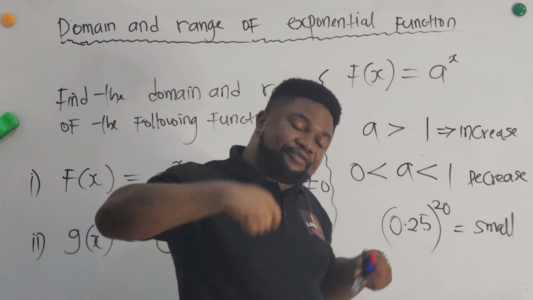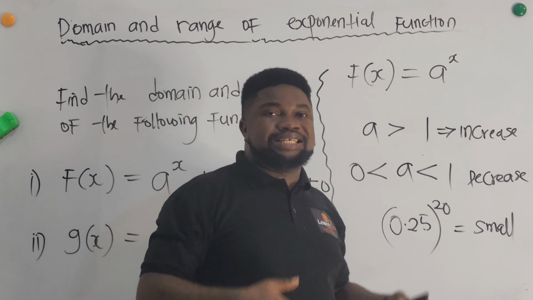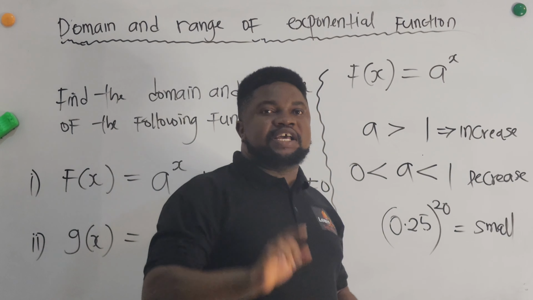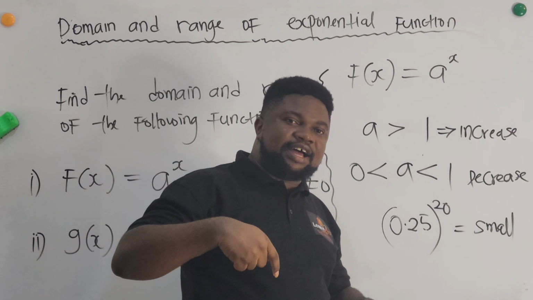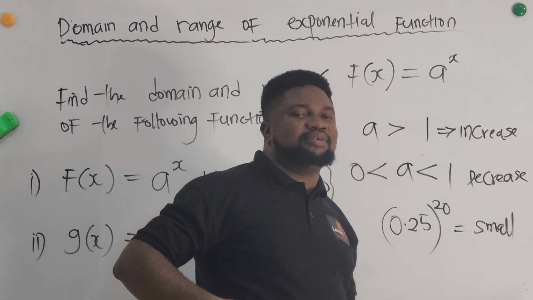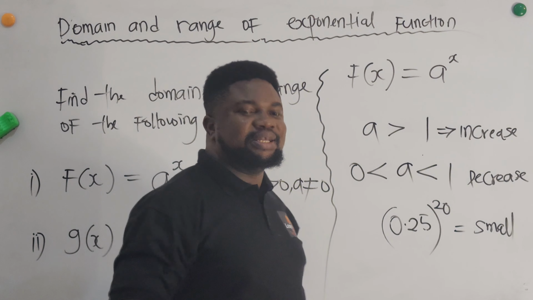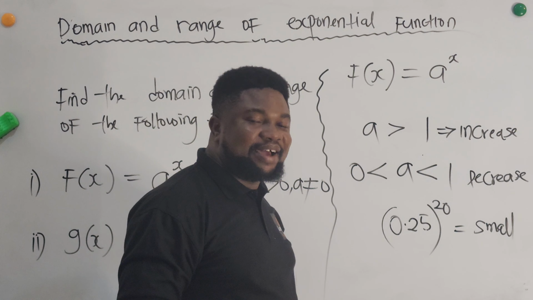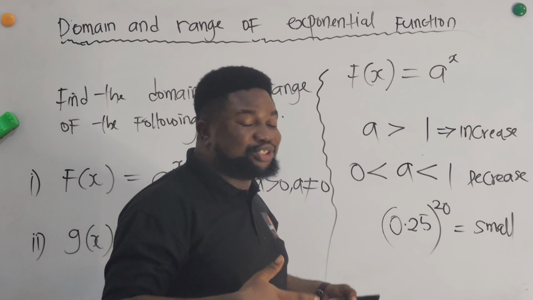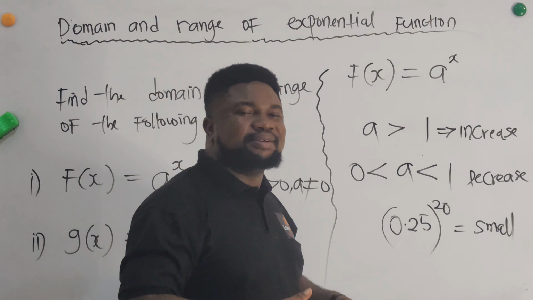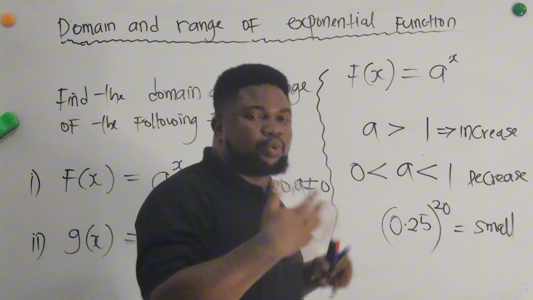But it will not start from 0, because it can never be 0. It starts from the number after 0. That number is not 1. There are billions of numbers after 0, like 0.0000001, billions of numbers between 0 and 1.